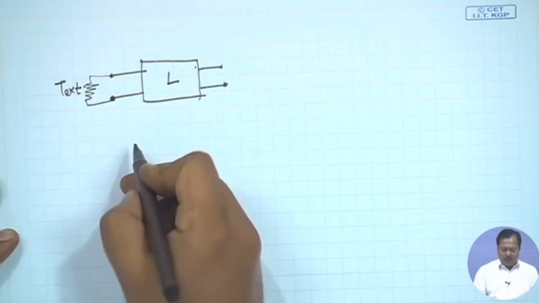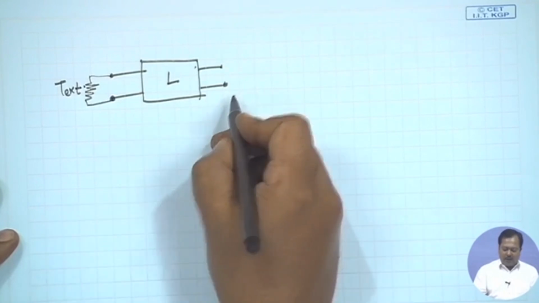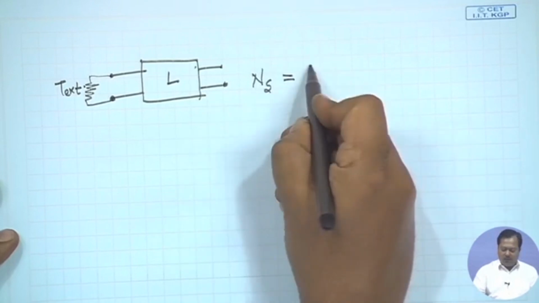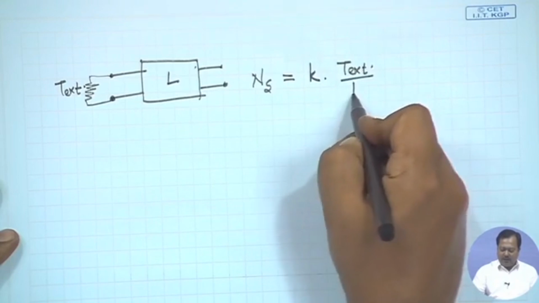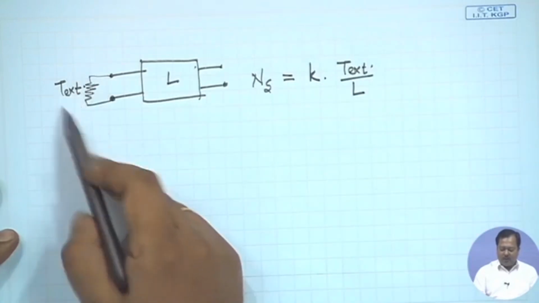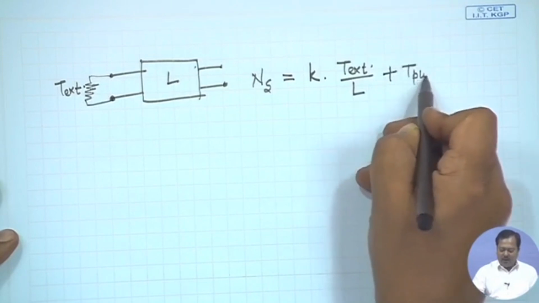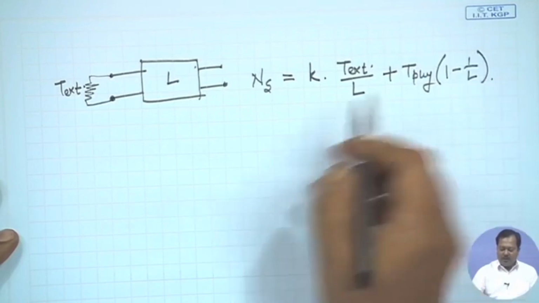So, in that case, the total noise power at the output Ns is equal to K T external by L, this is for the contribution from the left hand side, plus T physical into 1 by 1 minus L, whatever we have seen.